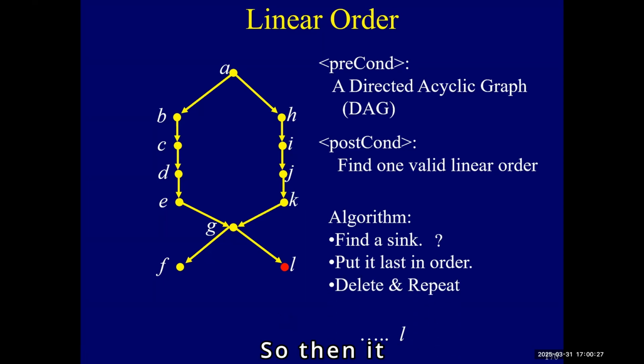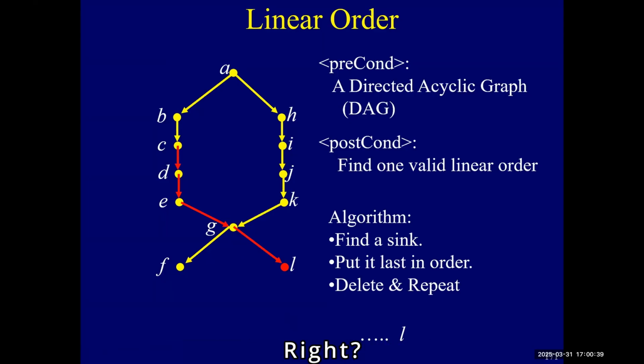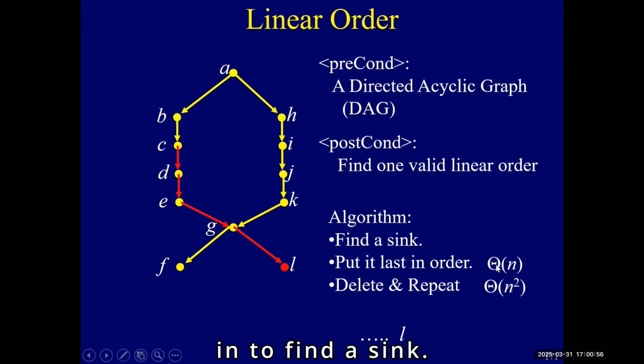How do you find a sink? You start anywhere and just follow directed edges. You know you won't cycle because there are no cycles, and you can't go on forever, so eventually you'll find a sink. But how long does that take? It could take order n to find a sink, and you have to do it n times. You get n squared time.